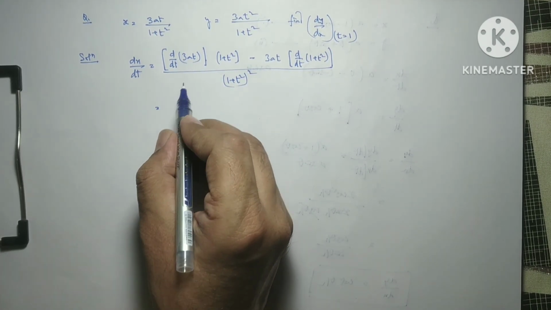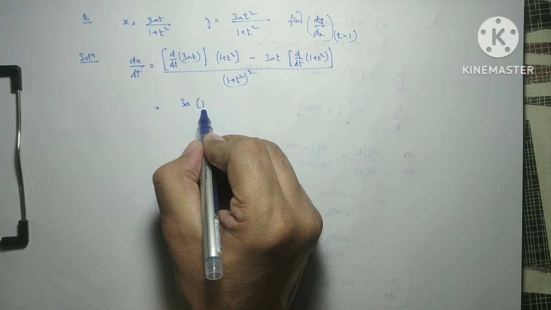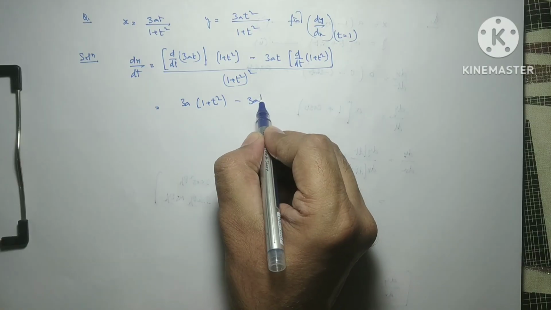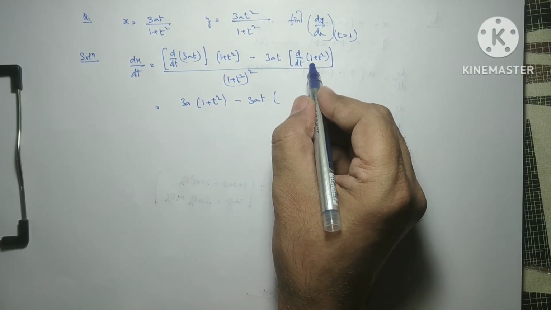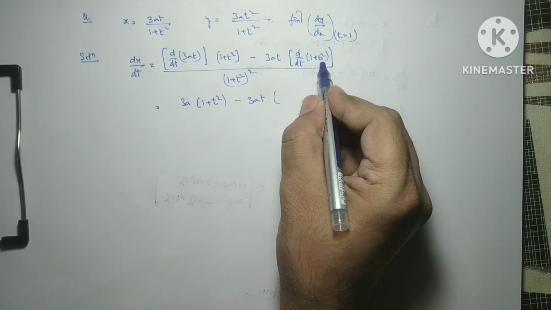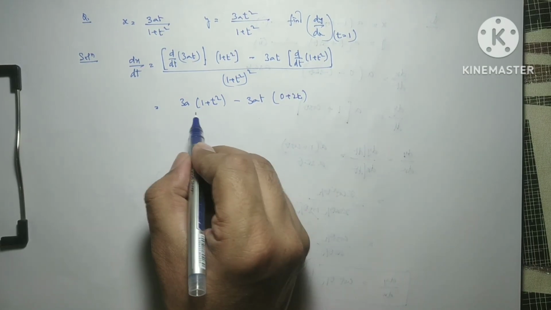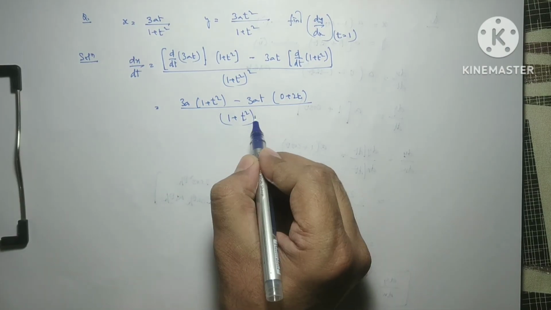So you get 3a and 1 plus t square as it is, minus 3a, and what about this? Differentiation of 1 is 0 and differentiation of t square is 2t, over 1 plus t square whole square.